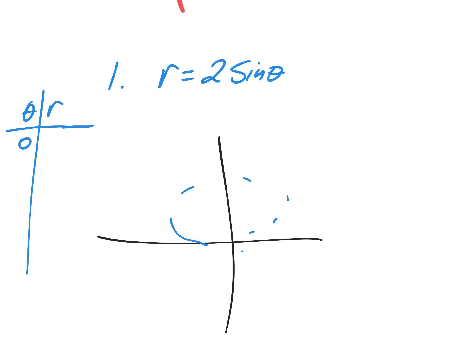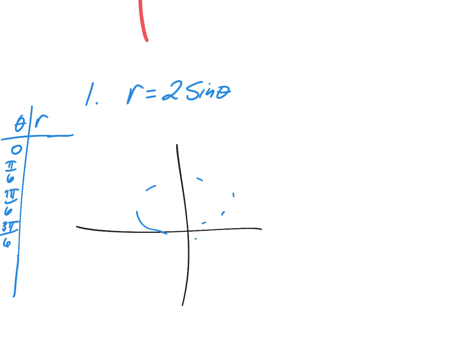I put in 0, and then I put in 1 pi over 6, 2 pi over 6, 3 pi over 6, and then maybe you want to skip a few, and try like 5 pi over 6, etc. But I just do mostly pi over 6s because it's 30, 60, 90s that way. They're nice, easy triangles. And at the top of your worksheet, please, please, please, for your own sake, make a 30, 60, 90 triangle.